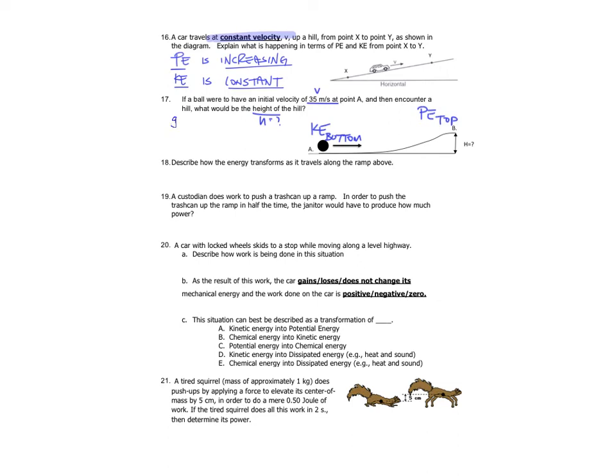So gh equals 1/2 v squared, where gravity is 9.8, h is what we're solving for, equals half times 35 squared.